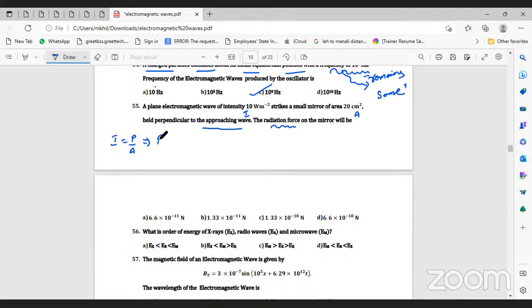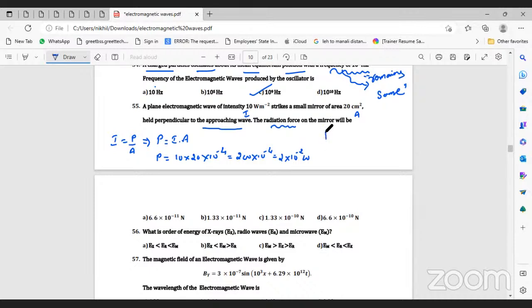So this clearly tells the power is nothing but intensity into area. So power is equal to intensity, which is 10, into area, 20 centimeters square, that is 10 power minus 4. This is nothing but 200 into 10 power minus 4, or you can take 2 into 10 power minus 2 watt. So this is the power.